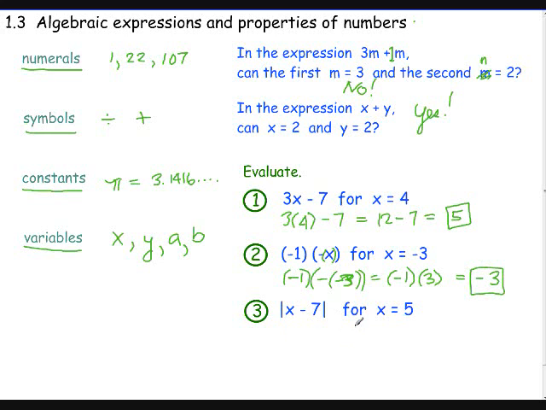I know these are kind of simple examples, but they illustrate some fundamentals that I think will keep us out of trouble later. Here I've got absolute value. Please think of these absolute value signs as a type of parentheses. When you're considering the order of operations, parentheses, you handle anything inside parentheses before outside.